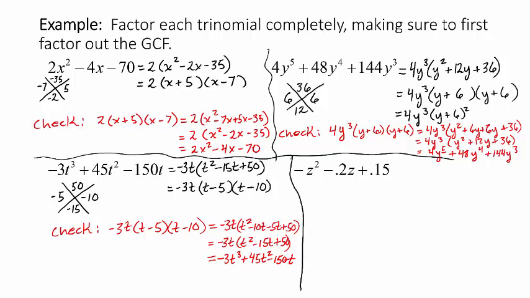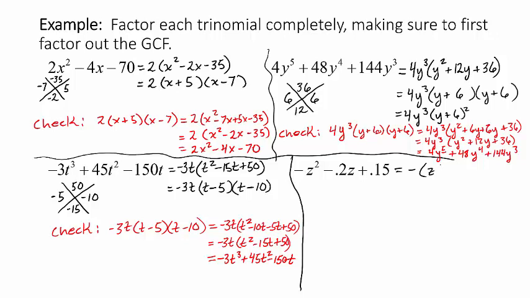Now, this last example is a little bit different. We have a GCF to factor out there, but notice some of the numbers we're dealing with are decimals. So we have negative z squared minus 0.2z plus 0.15. The first thing I want to do, the only thing I can factor out there is a negative, and please do so.